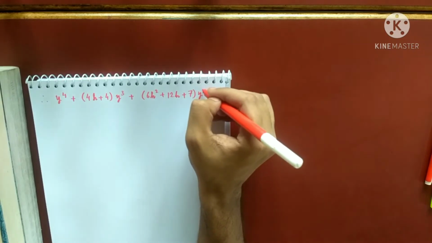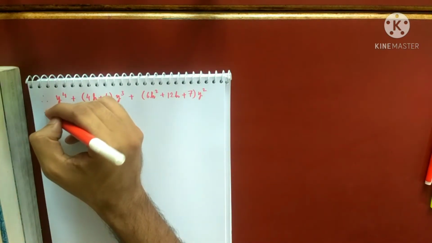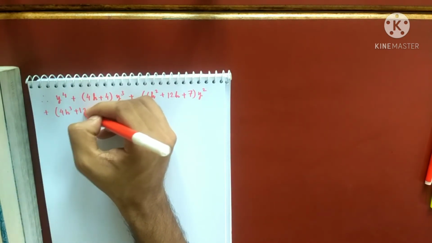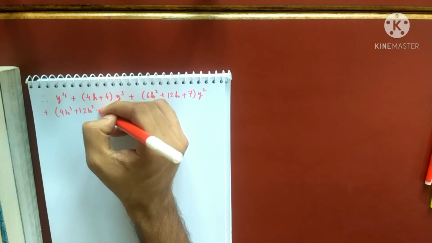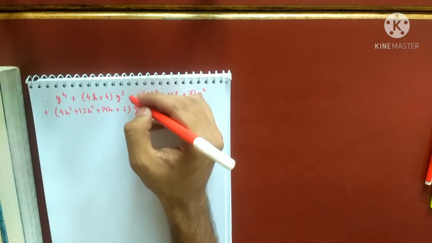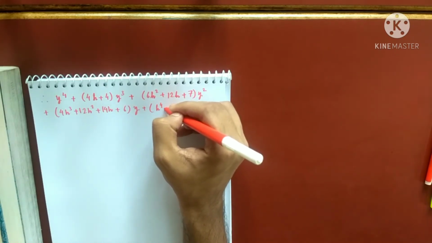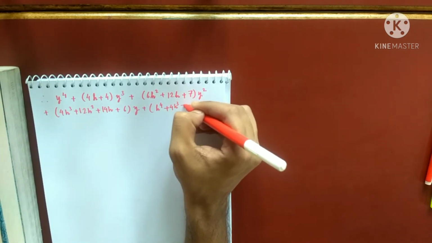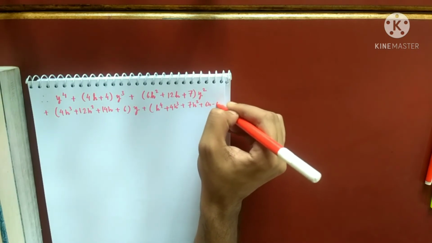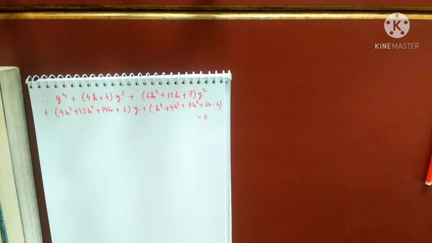You please check whether I'm writing it right or wrong. So y square, and then 4h cube plus 12h square plus 14h plus 6y, and last is the number h to the power 4 plus 4h cube plus 7h square plus 6h minus 4 equals to 0. So this is the transformed equation.